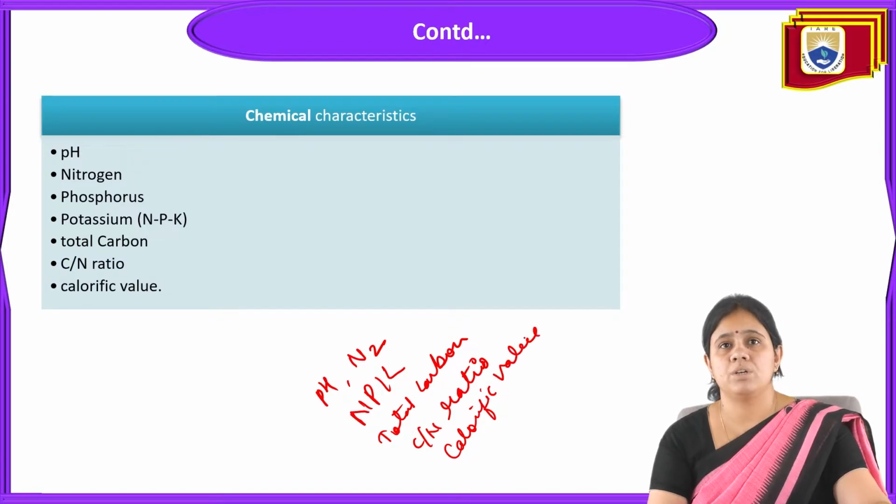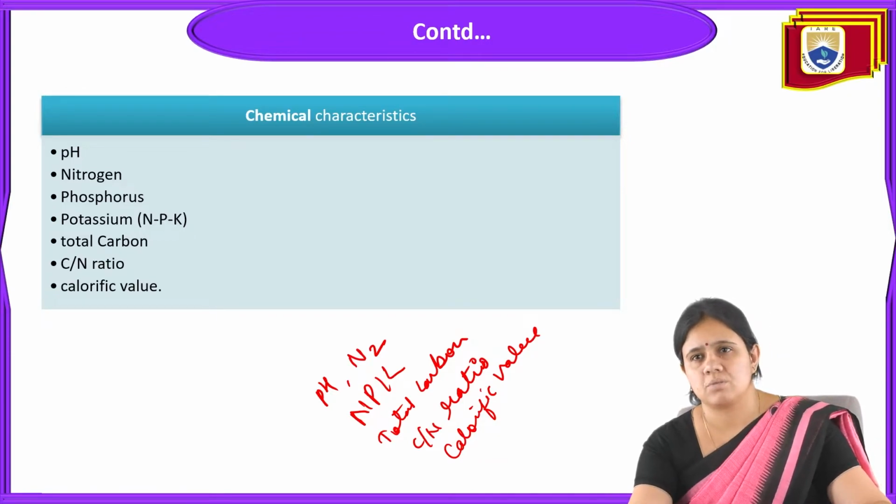So these seven points are included in the chemical characteristics of the waste: pH, nitrogen, phosphorus, potassium, total carbon, C/N ratio and calorific value. All these contribute toward the chemical characteristics of the waste.